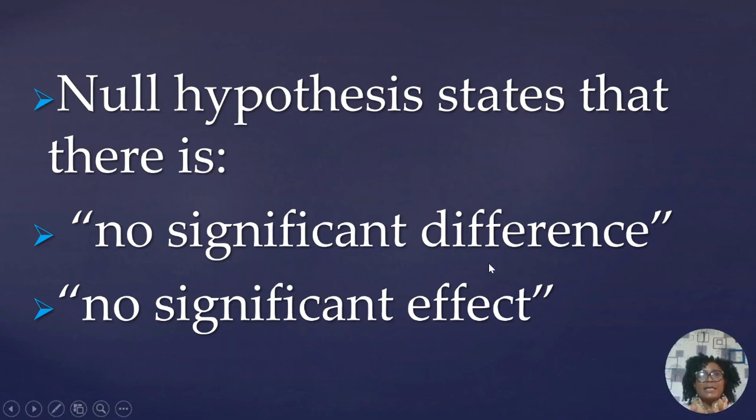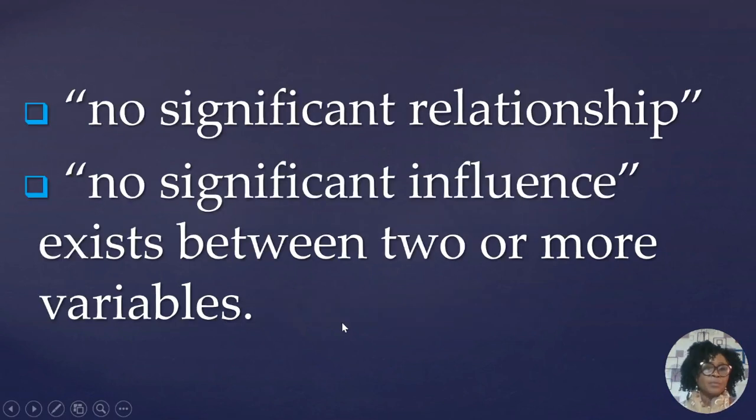If there is a difference, it does not matter, but we want to know how significant that difference is. If the significance is not noticeable, then it becomes a null hypothesis. We want to look for no significant effect, no significant impact, no significant influence, no significant relationship between two or more variables.